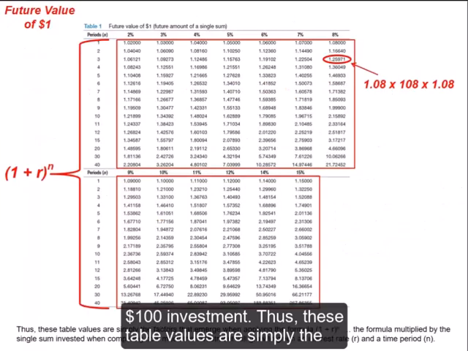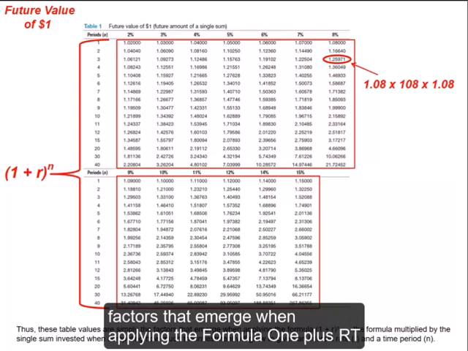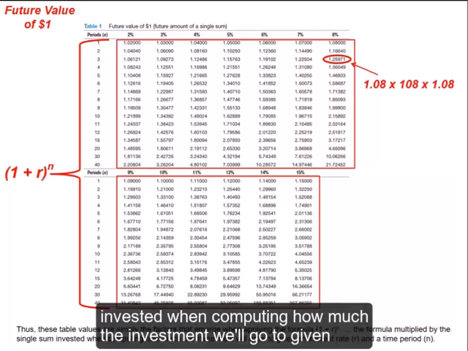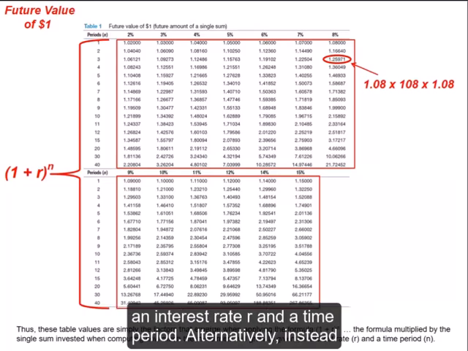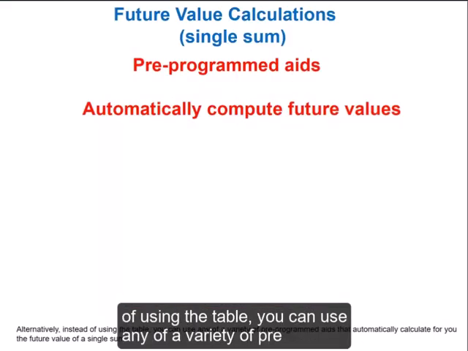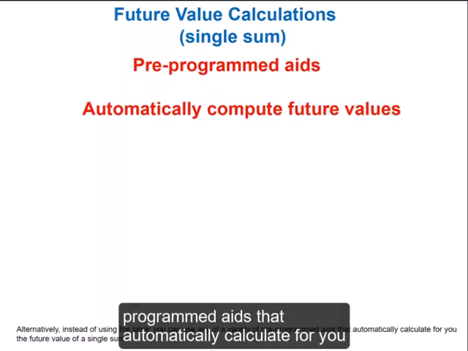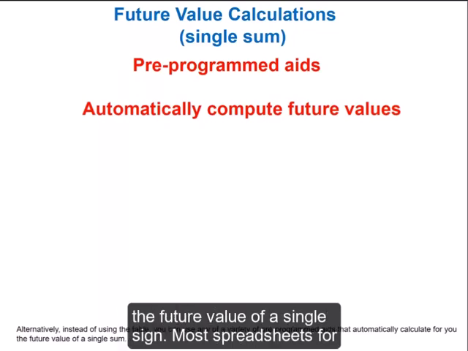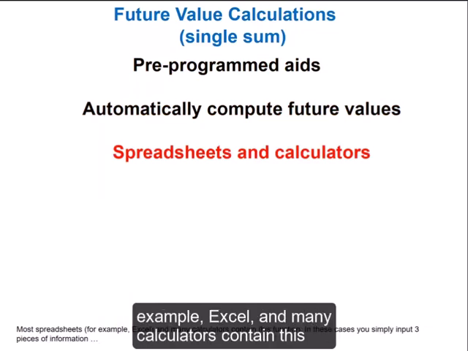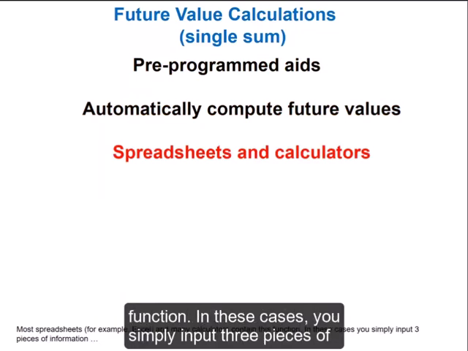Thus, these table values are simply the factors that emerge when applying the formula 1 plus r to the nth power. The formula is multiplied by the single sum invested when computing how much the investment will grow to, given an interest rate r and a time period n. Alternatively, instead of using the table, you can use any of a variety of pre-programmed aids that automatically calculate for you the future value of a single sum. Most spreadsheets, for example Excel, and many calculators contain this function.